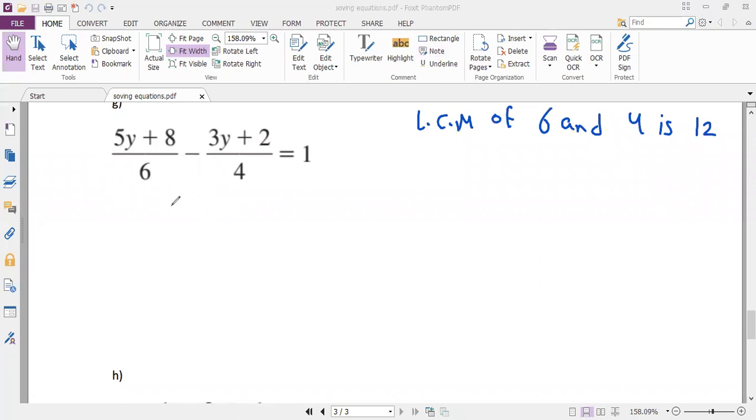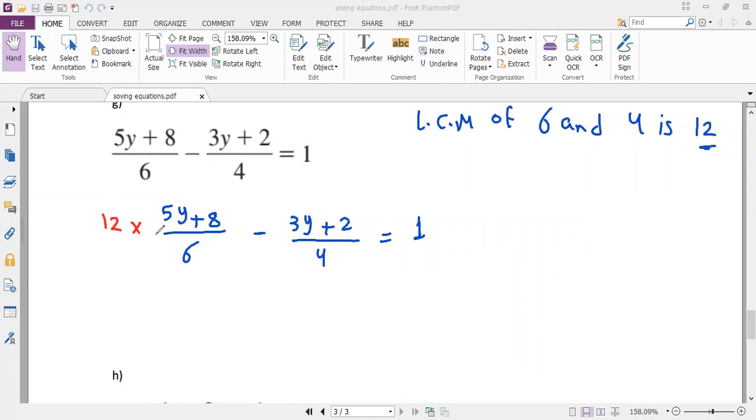Let's write it again. I have 5y plus 8 over 6, minus 3y plus 2 over 4 equals 1. I said that the lowest common multiple is 12, so multiply all terms by 12.